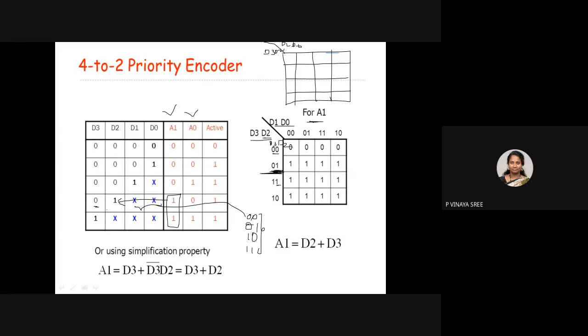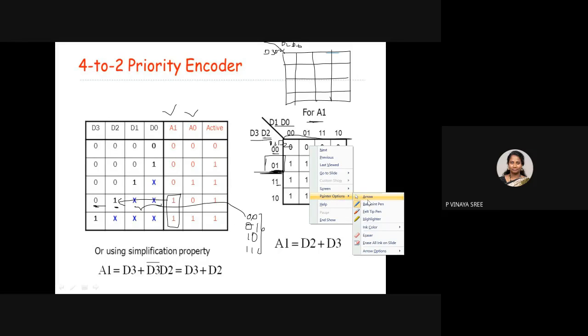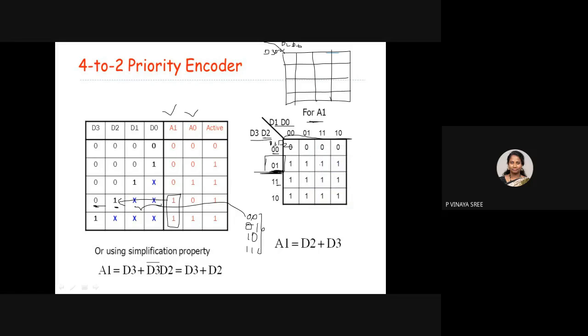We need to concentrate only on D2 as 1 and D3 as 0. So this is the case, and even if D1, D0 are 0 0, 0 1, 1 1, 1 0, it is don't care. So what we are doing is placing 1, 1, 1, 1. This is over for this one.